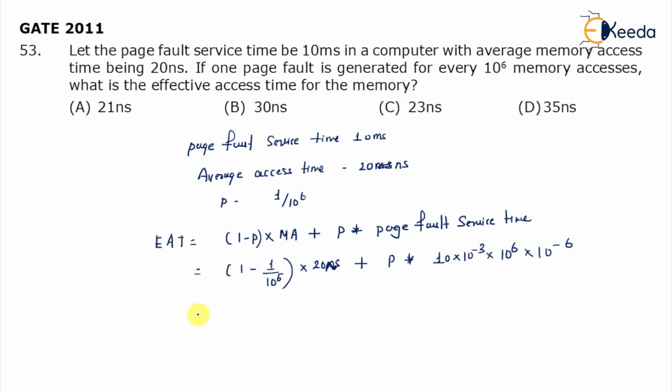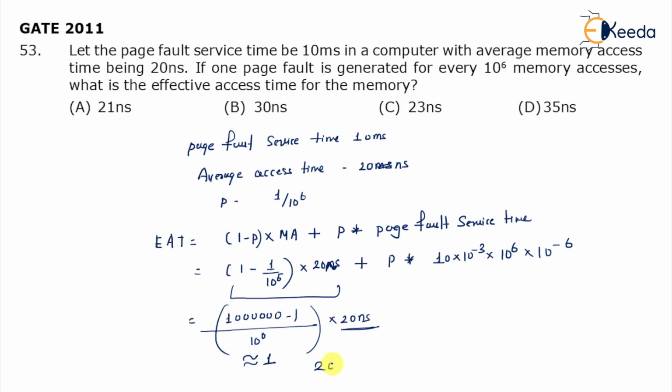Now if you look at this quantity, 1 minus 1 divided by 10 to the power 6 is almost equal to 1, so this comes to approximately 20 nanosecond.